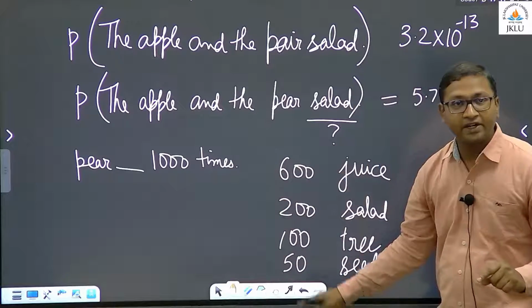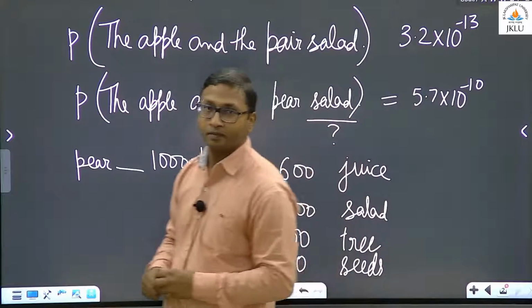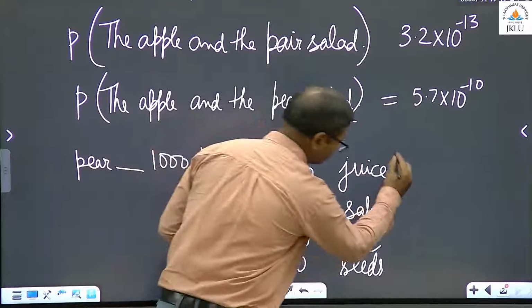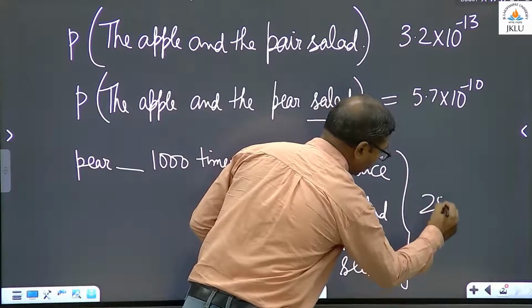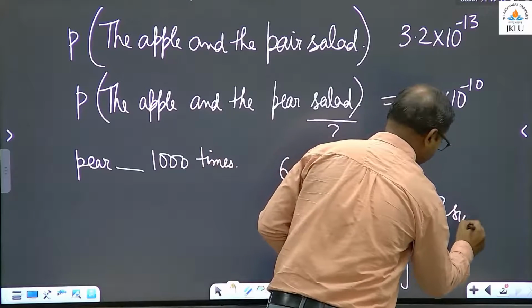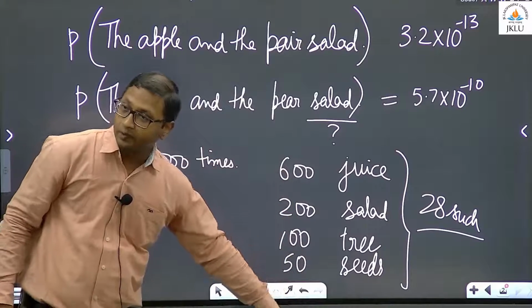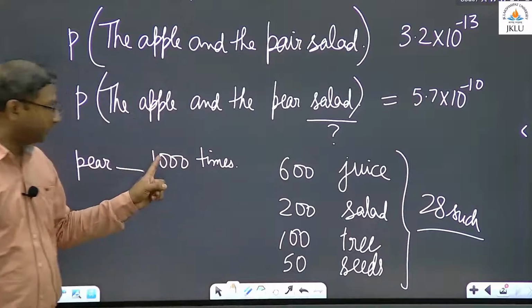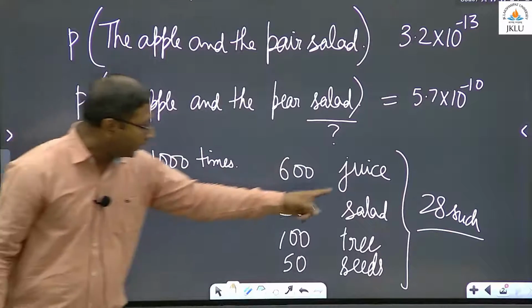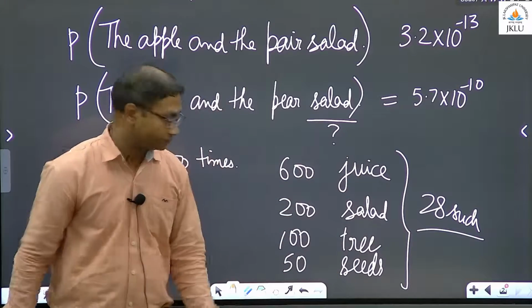Can you go outside of this one? Let's say you have 28 such appearances. So these numbers will sum to 1000, and you have 28 such words.